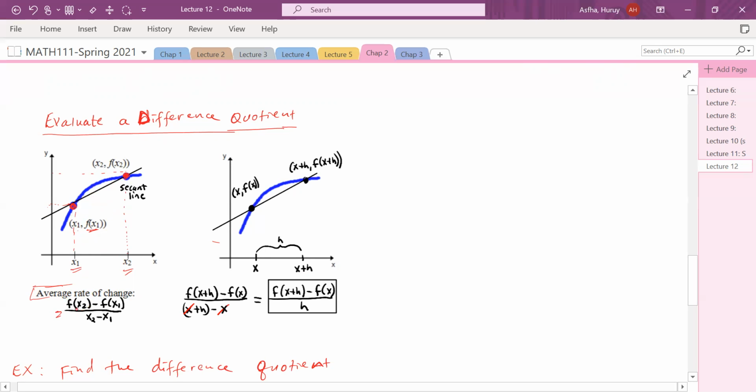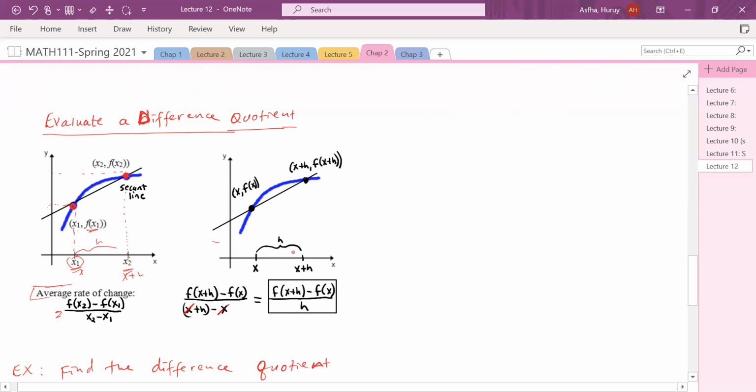Now, keeping this in mind, let's now use a little bit different notation. Instead of x1, let's call this one x here in the next graph. And instead of x2, I will call this distance h. So if this is x, then this is x plus h, okay? If this distance is h, then this point is x plus h.